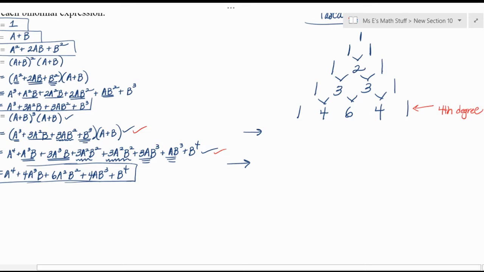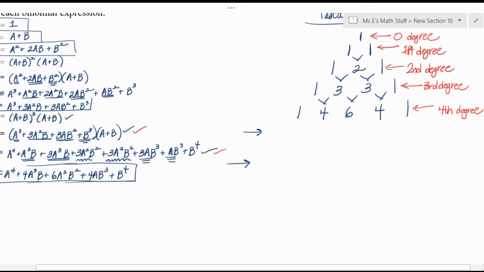And then the next one up would be the third degree, then second degree, and then first degree. And the top one would be the 0 degree.